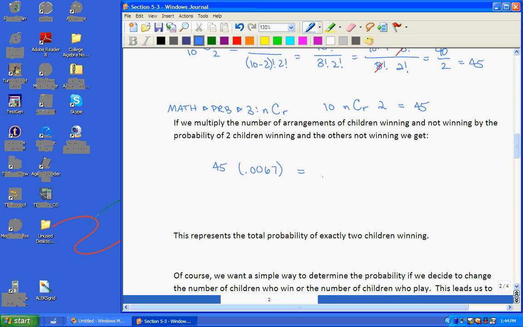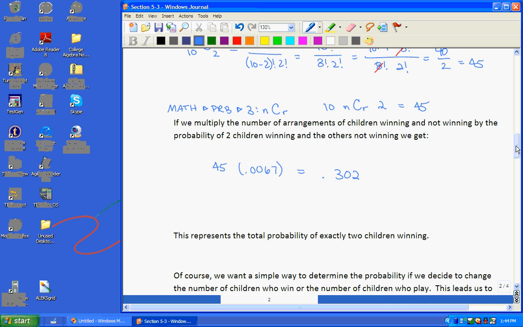And I get 0.302 if you round to the 3rd place after the decimal. So 0.302 represents the total probability of exactly 2 children winning. So we couldn't just say multiply the probabilities of 2 kids winning by 8 kids losing. We had to take into consideration all the different ways that could happen, and we got 0.302.